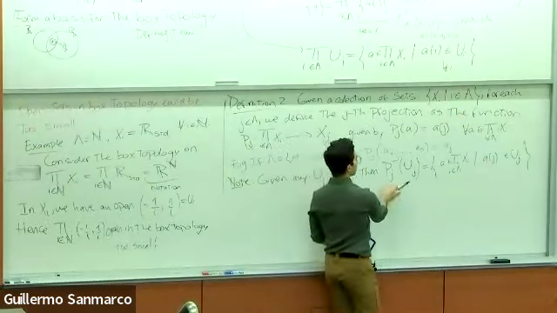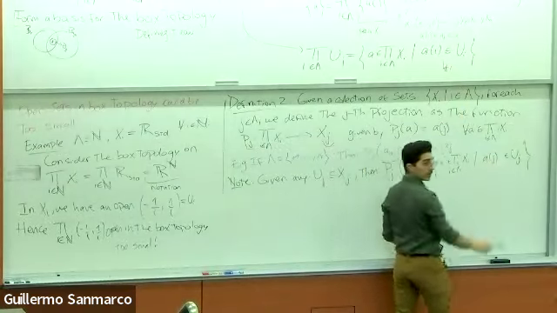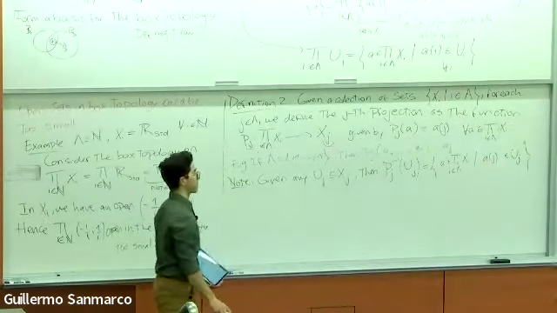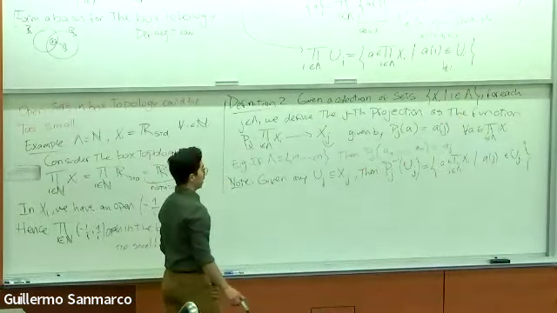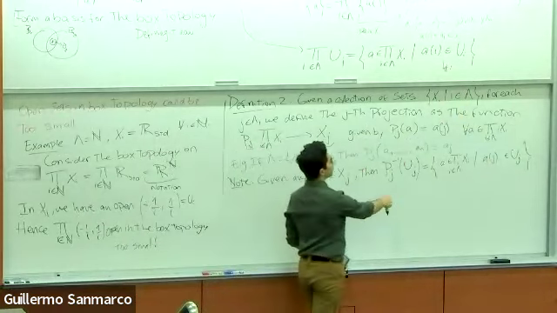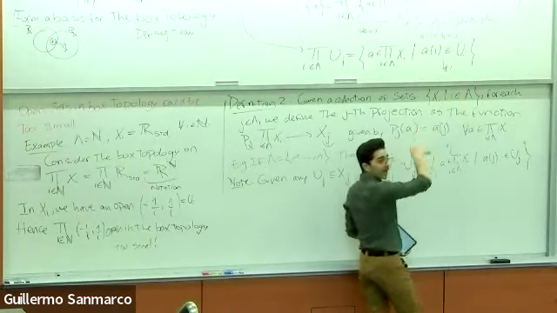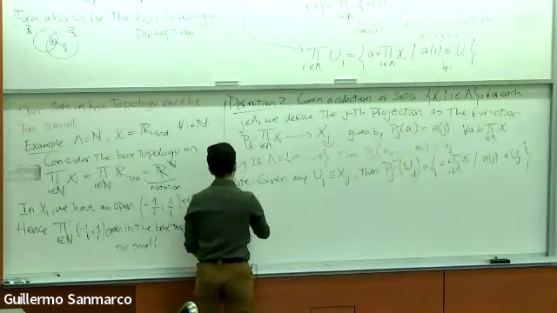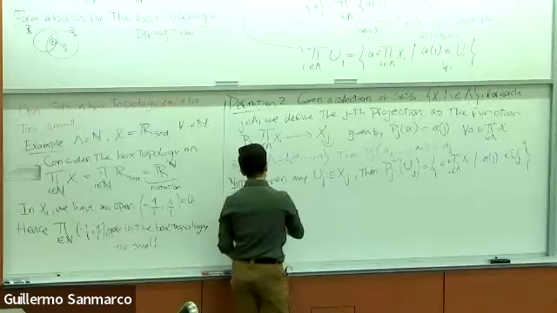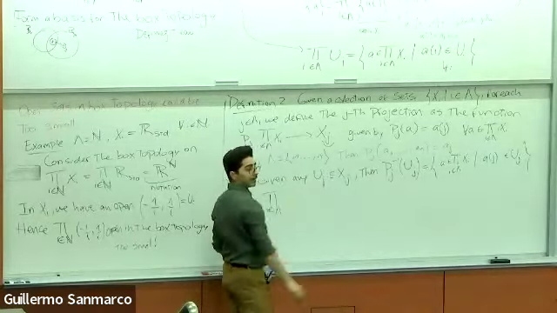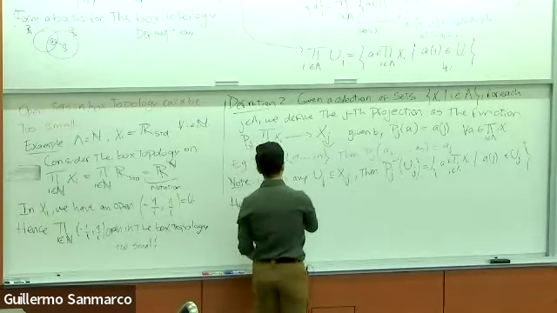So here, this is for this fixed j. But now if I impose this for every j, I have exactly that set. Instead of every j, I can use i.